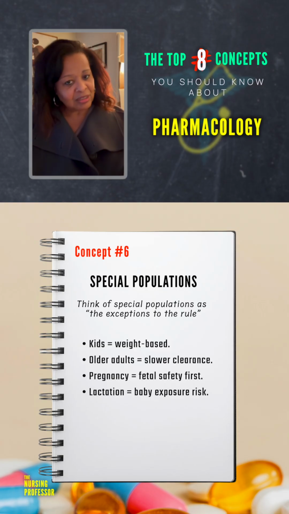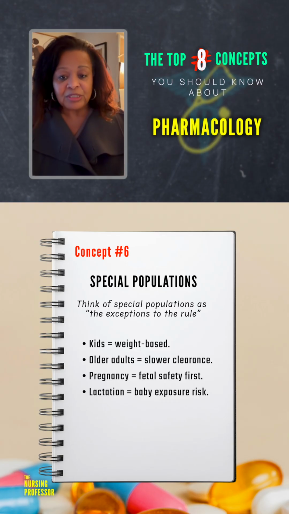Pediatrics, same thing. They're on the opposite end of the continuum. So you want to use weight-based dosing when administering medications to pediatrics. People who have liver failure, kidney failure, those are another part of special population to be very cautious about because those organs are not working optimally.